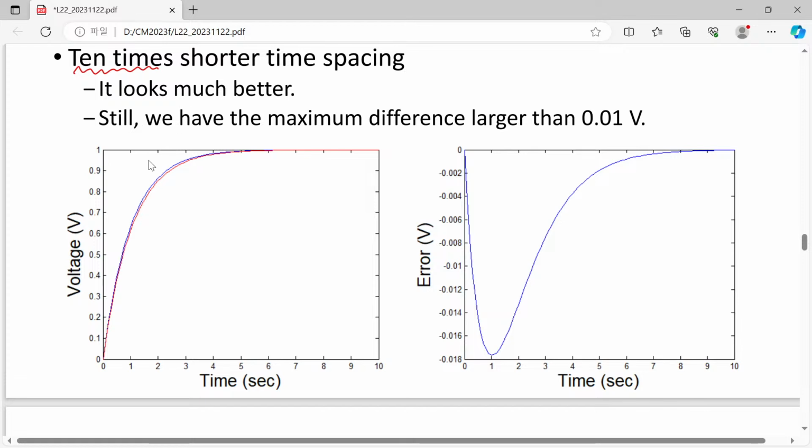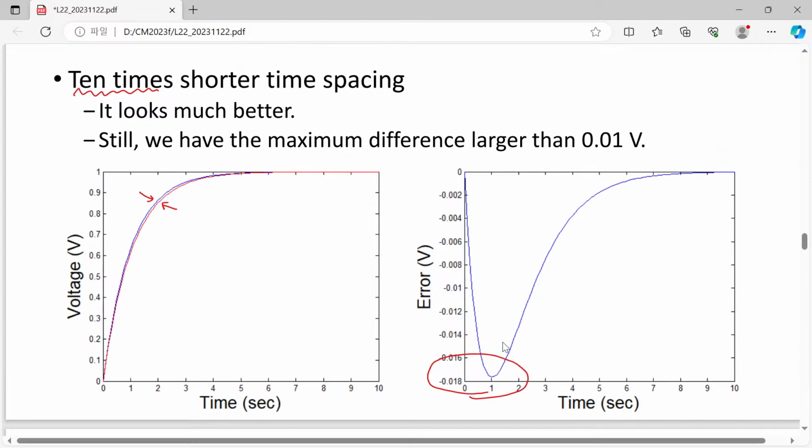So now your blue curve, the analytic solution, and red curve, the numerical solution, seem to agree much better. And this is the error, and the maximum error in its absolute value is about just 0.02 volt.